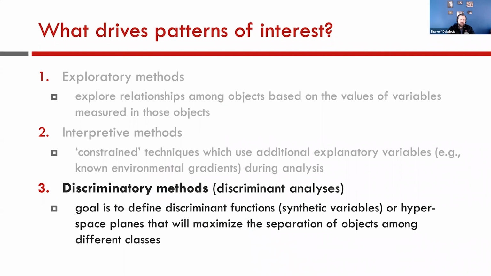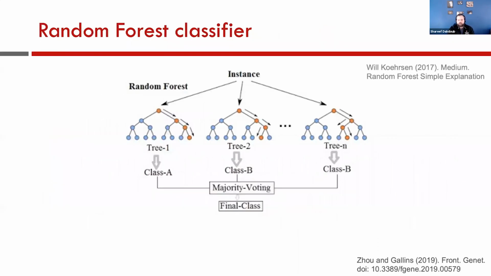And so the last method, discriminatory methods, is to define what parts, whether it's functions or species or relationships among species, are most driving those patterns of interest. So what species are most responsible for separating the groups that you saw in the ordination plots, for example?